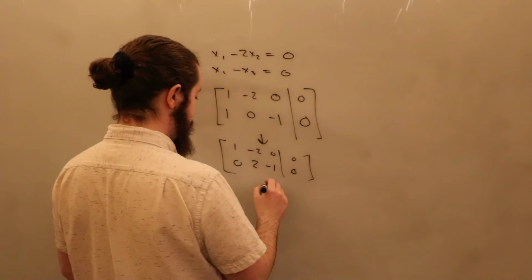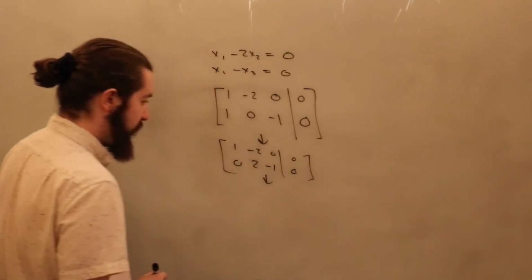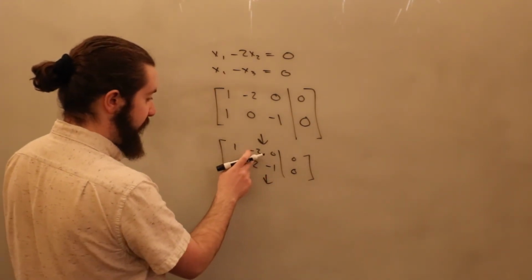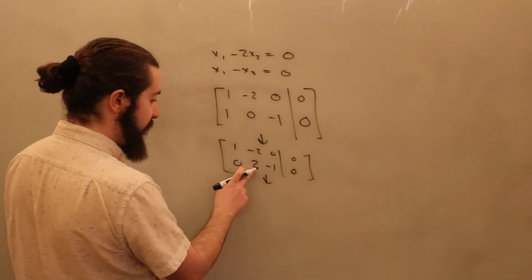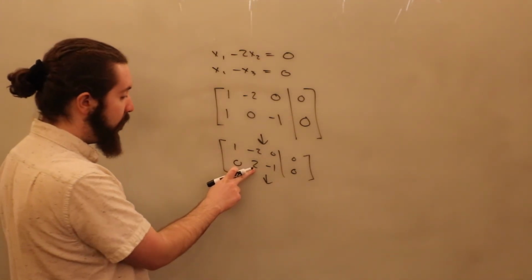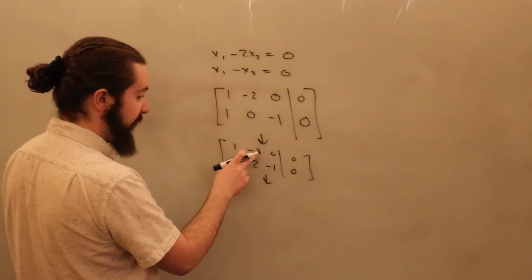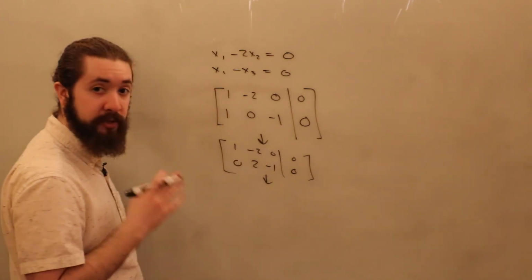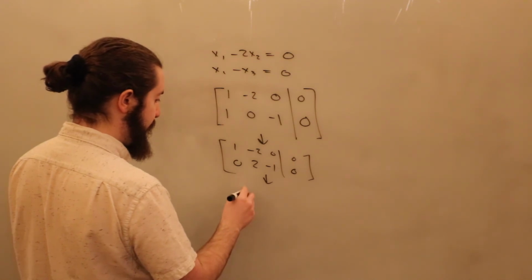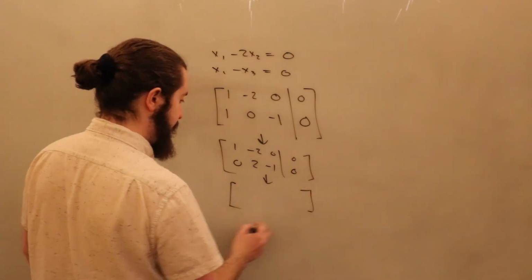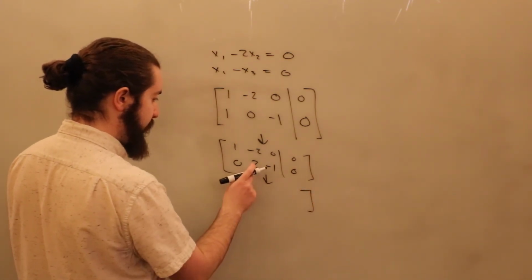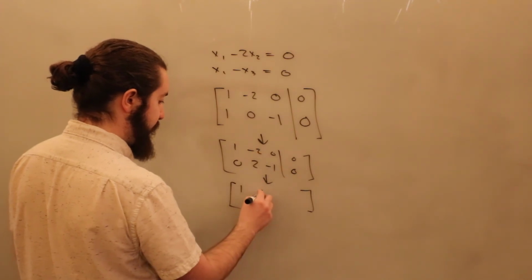Now, we still have this entry to worry about. We have to make this into a 1 by dividing it out, and then we also have to knock out this entry to get it into reduced row echelon form. So let's do that first. Let's write 1. If we add this row to that one, it'll be 0.